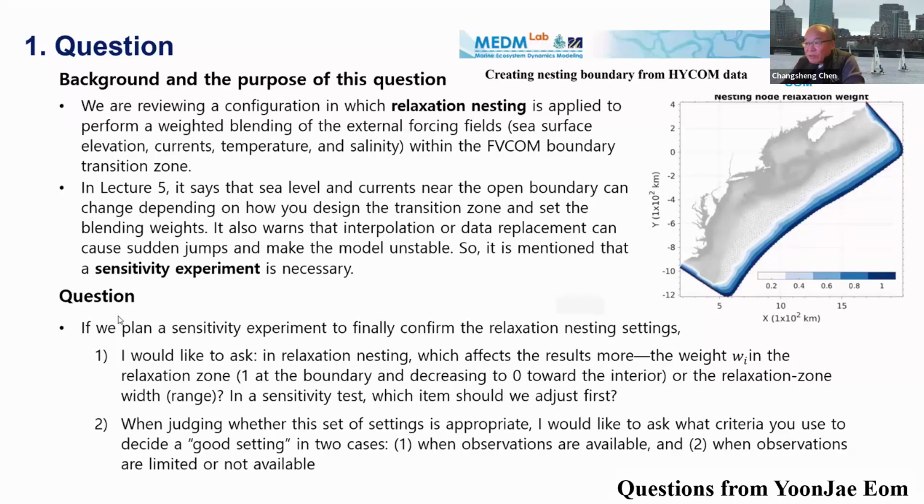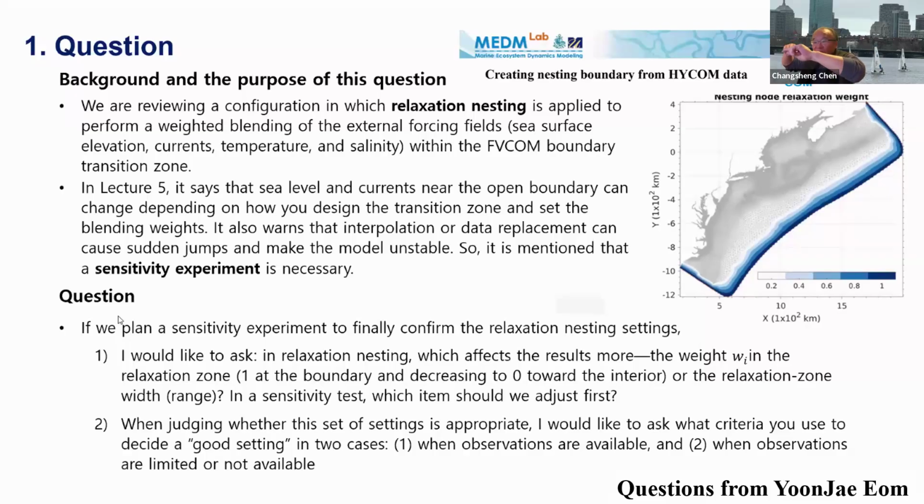That's the reason we introduce the relaxation boundary condition: the forcing is gradually included into your local model. We use a linear weighting to put the forcing in. Outside the boundary, you fully use the boundary condition.